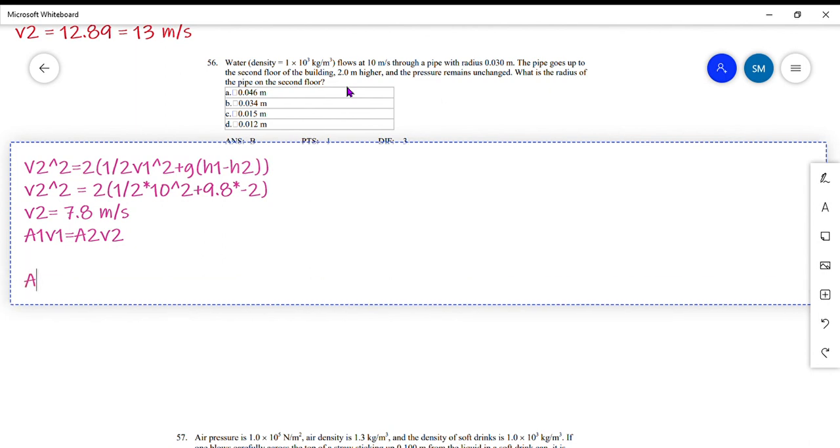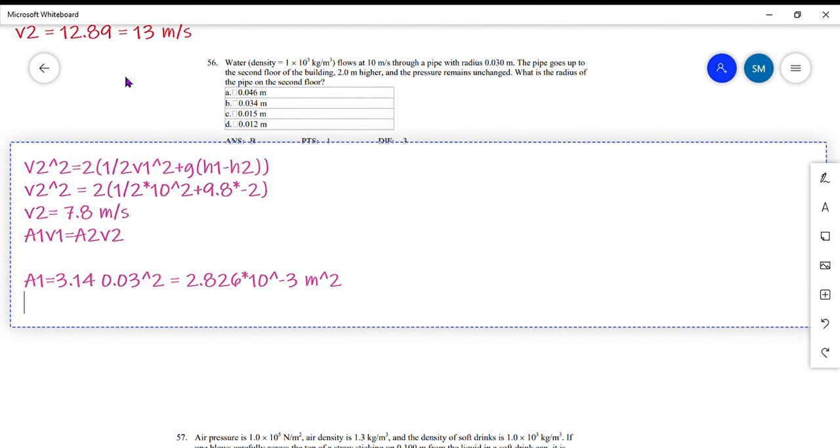A1 is simply equal to pi r square, which is 3.14 times 0.03 power 2. So A1 is simply equal to 2.826 times 10 power negative 3 meter square.